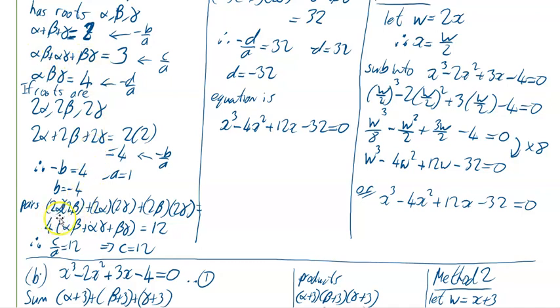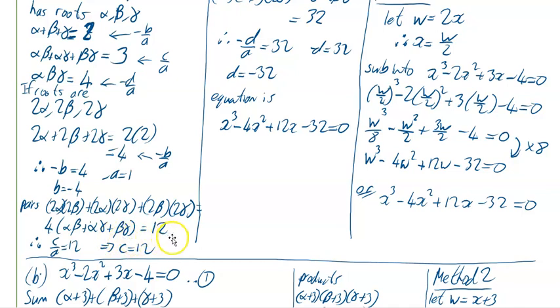But now they're going to be 2 alpha times 2 beta, 2 alpha times 2 gamma, 2 beta times 2 gamma. So really, you can imagine you could pull out a 4. So that's going to be 4 times alpha beta, 4 times alpha gamma, and 4 times beta gamma, or really just 4 times alpha beta plus alpha gamma plus beta gamma, which is 4 times 3, equal to 12.